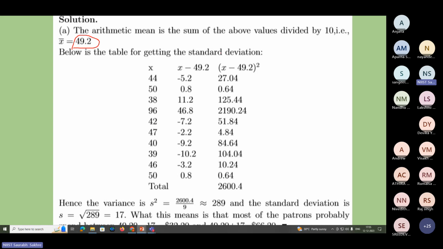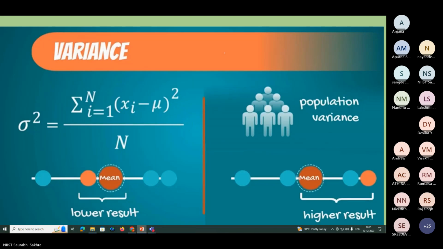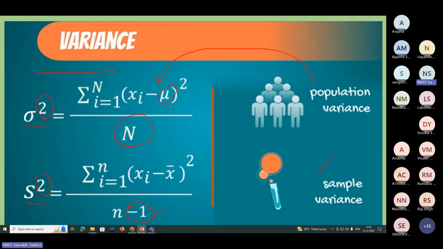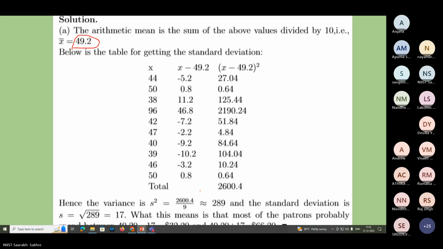In the standard deviation formula, I have to subtract the mean from each value, then square it, sum it, and divide by n minus 1. So I have already calculated 49.2.